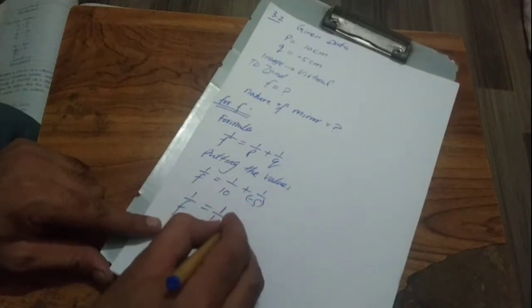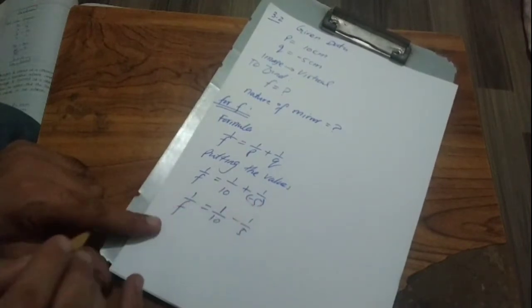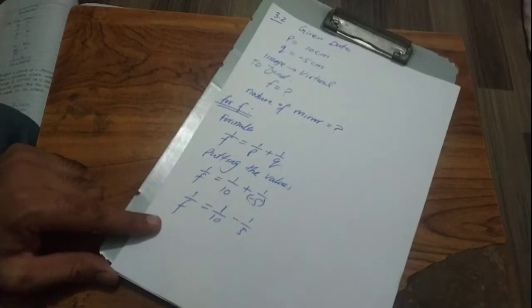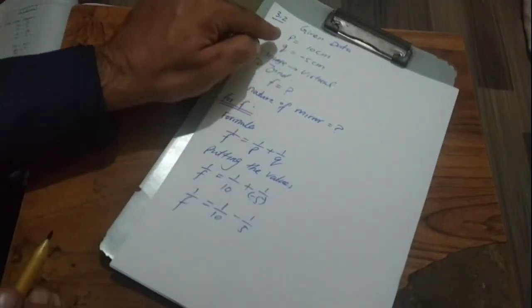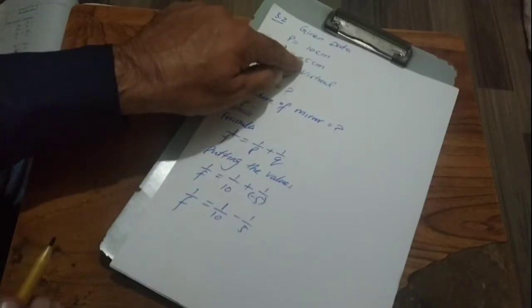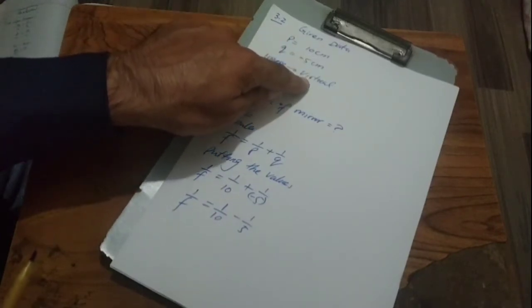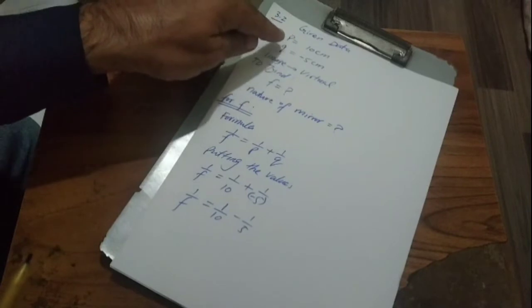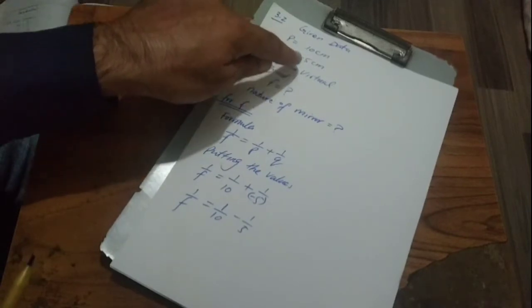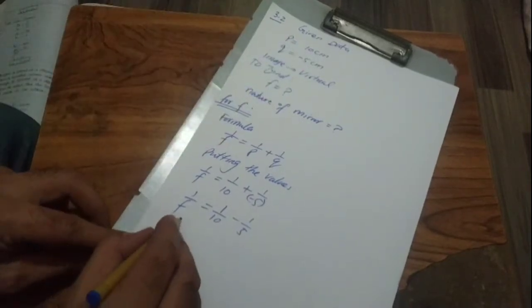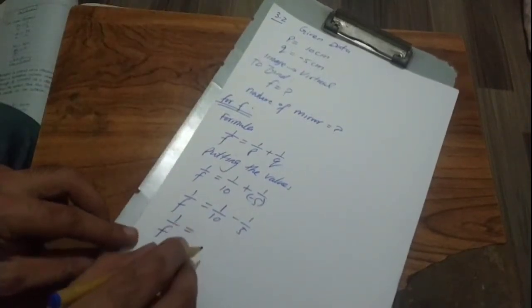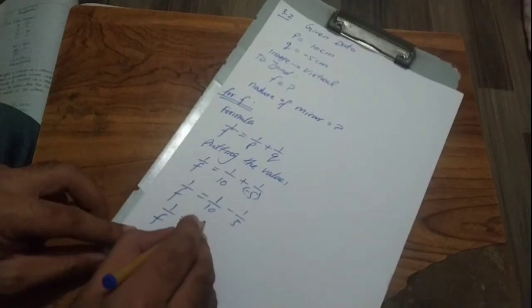Why have I taken Q minus? Because when the image is virtual, Q must be negative. That's very important.